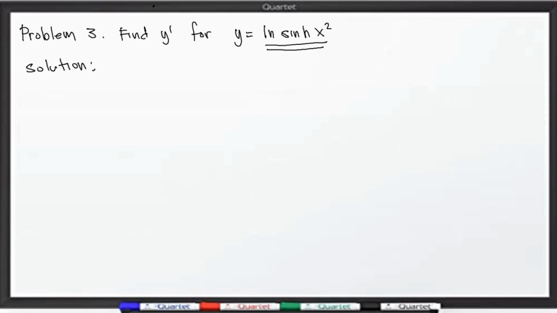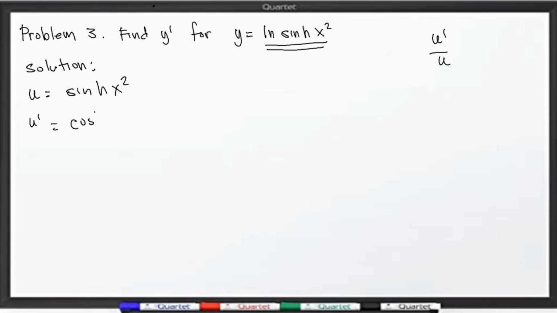Pag ln daw po, ang derivatives daw po niyan ay u prime over u. Let us identify what is u. U is equal to sinh x squared. If that is u, what will be u prime?